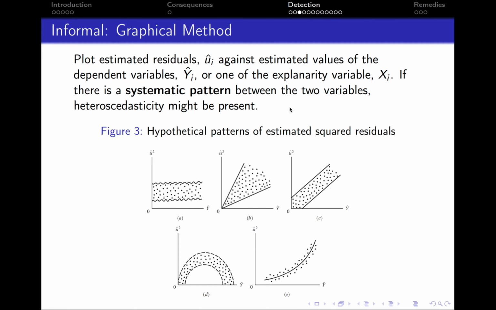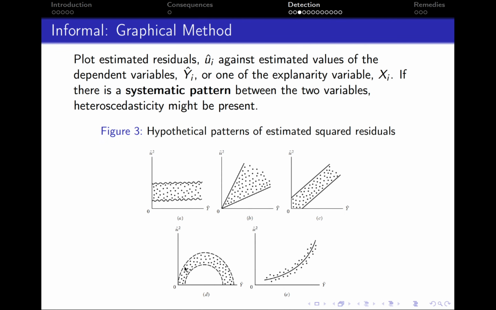So once again, we take the estimated residuals from our main regression model and we plot them either against the estimated values of the dependent variable or one of the explanatory variables. And if you see that there are some systematic patterns, that the behavior of the residuals is a bit suspicious, then heteroscedasticity might be present.